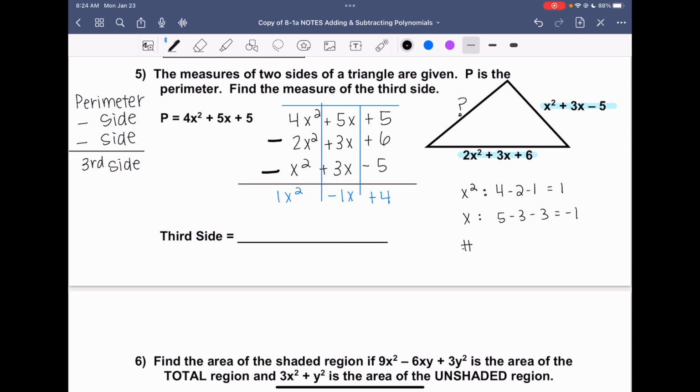And then my numbers are 5 minus 6 minus a negative 5, get us 4. All right, so that would be your third side, x squared minus x plus 4.